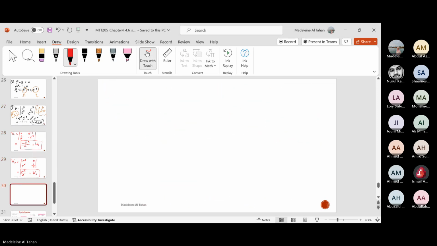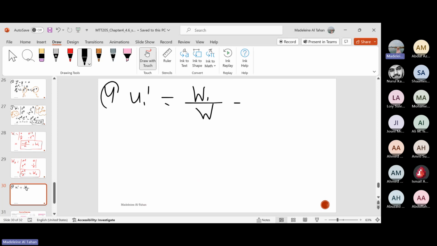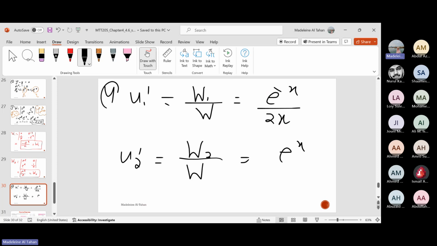Now the fourth step, u1 prime is equal to W1 over W, which is negative e^(-x) over 2x, right? And u2 prime is equal to W2 over W, which is e^x over x, and we have negative, so negative e^x over 2x. This step, did all of us do it correctly? Yes.